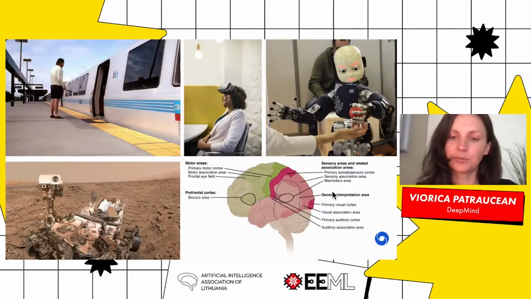And of course, there are lots of practical applications that emerge when we have such powerful models. You can think of robotics, virtual reality, autonomous navigation, helping the visually impaired, and many more. But for me, this field is also very fascinating because I think it also allows us to learn more about how our brain works.